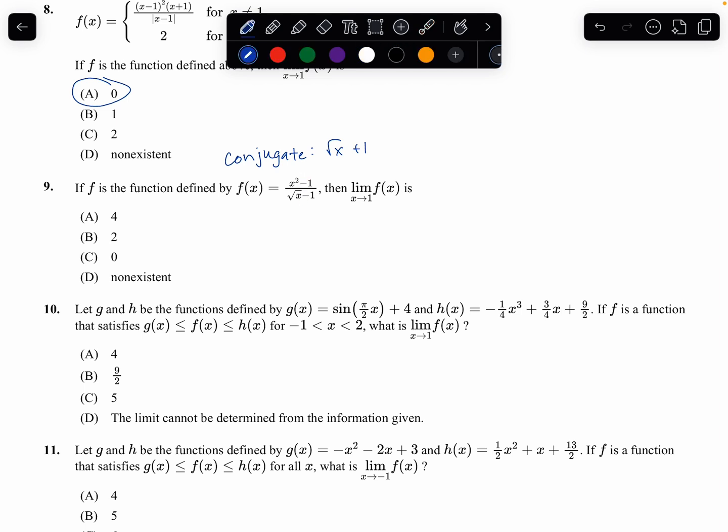So let's say f of x is equal to x squared minus 1 over the square root of x minus 1. I'm going to multiply this by square root of x plus 1 and multiply the top by the square root of x plus 1. Let's see, I think I want to factor this right here. So that becomes x plus 1 and x minus 1.